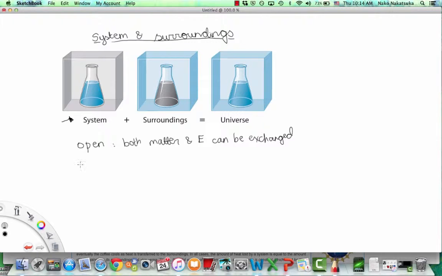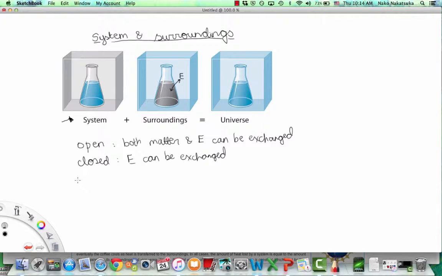On the other hand, if it's closed, it means that energy can be exchanged. So in this case, with the flask example, the inside of the flask can be exchanged in terms of energy with the surroundings. So energy can go in and out, but not matter.